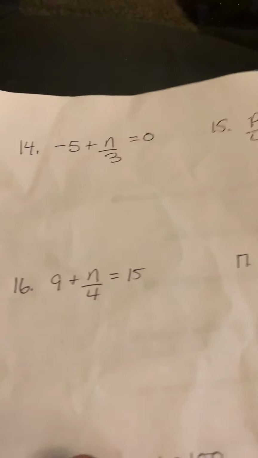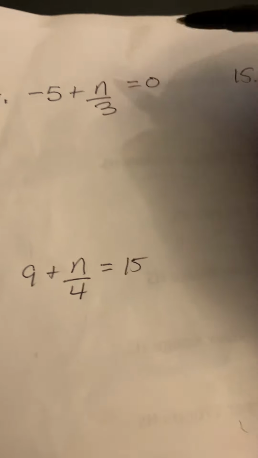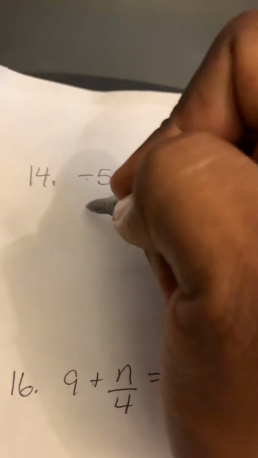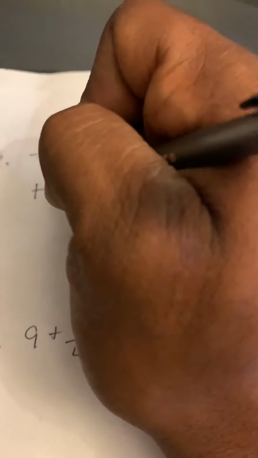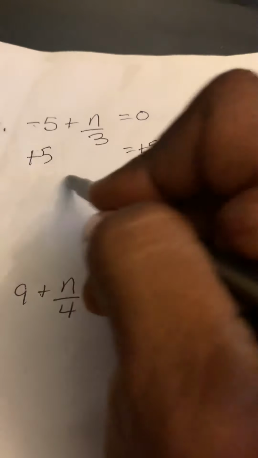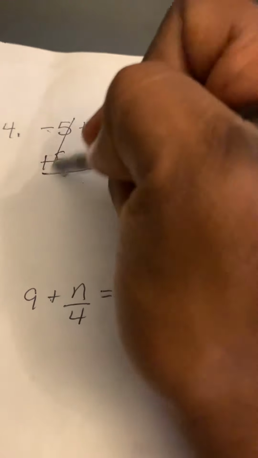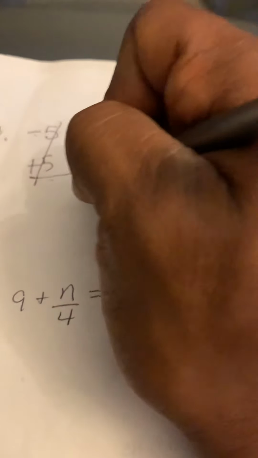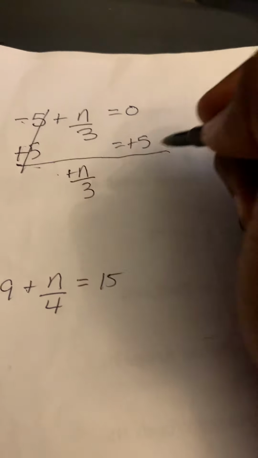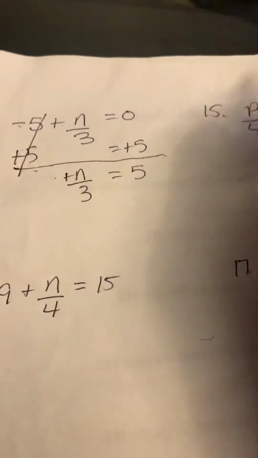Next problem, number 14. This says minus 5. So the opposite of minus 5 is plus 5. So we're going to add 5 on both sides. That becomes 0. Leaves us with a positive n divided by 3 is equal to 5.